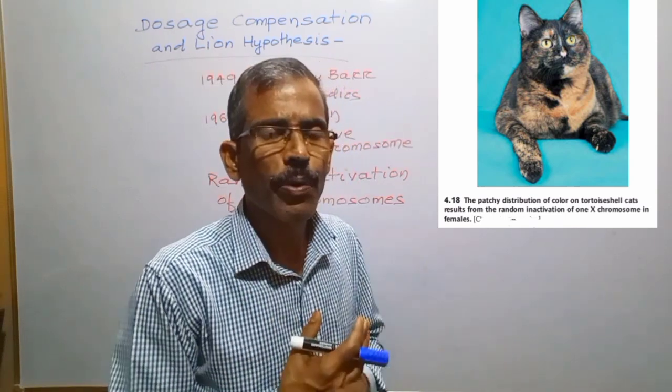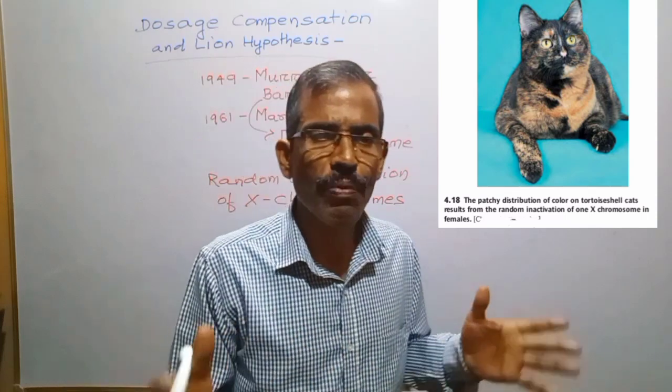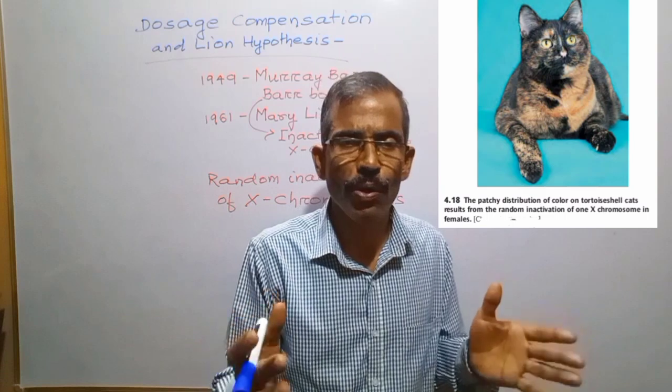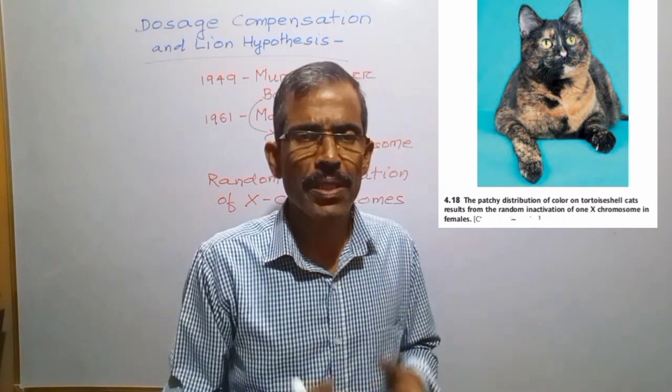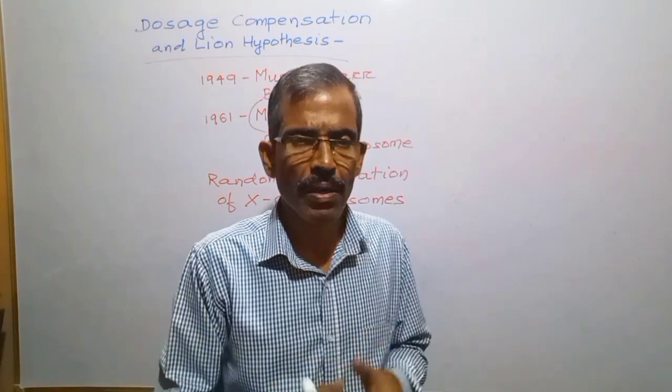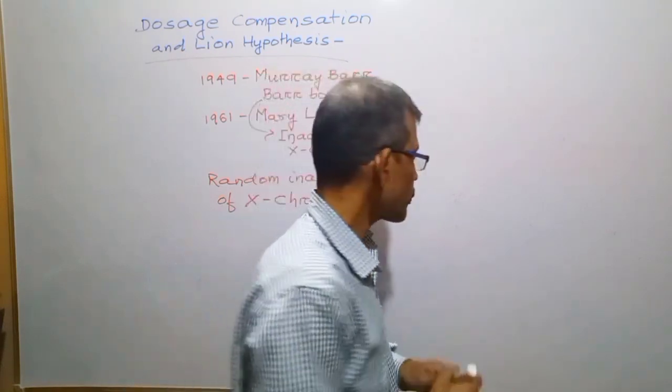According to Lyon hypothesis, presence of variable number of X chromosomes should not affect the phenotype. This is because any X chromosome in excess of 1 must be inactivated.